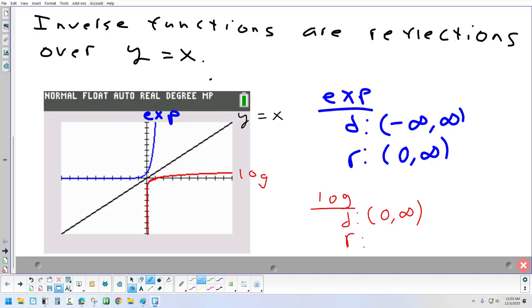All real numbers. Yeah, it does keep going up. I know it looks like it flattens out, but it really doesn't. It goes up extremely slow, but it does keep going up. So what I'm trying to show you is that if you know the domain and the range for an exponential, and you swap them, now you have the domain and range for a log. That's the connection.